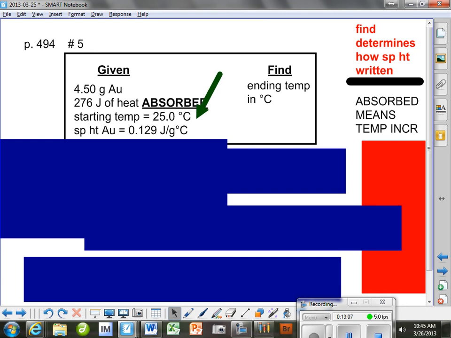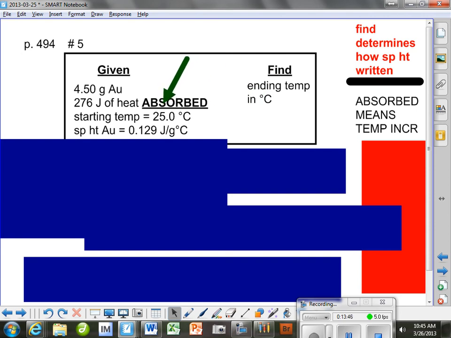This temperature right here is meant to be the delta T, like we had in the last problem. In the last problem, they gave us delta T. In this case, we're going to have to calculate delta T. And when we have the delta T, we can add it to this guy because the temperature is going to go up. It's increasing because the heat is absorbed.